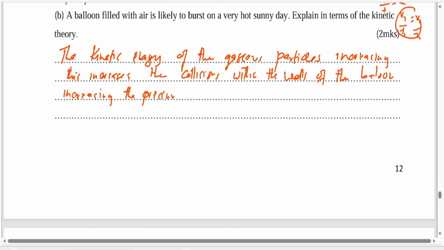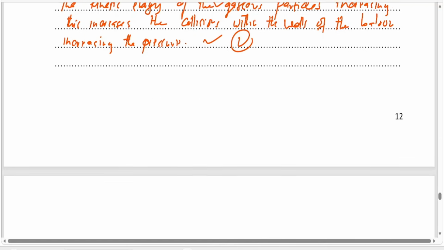And when pressure increases inside, then the balloon bursts. So explaining this correctly gives you 2 marks.